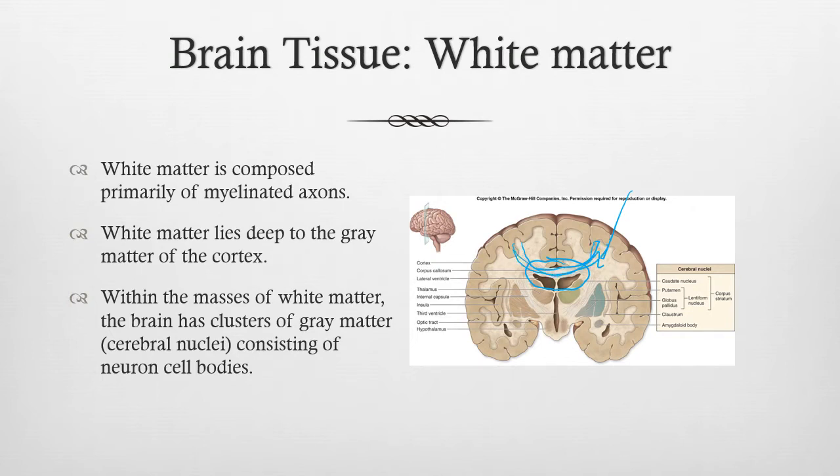And so we have a way to cross the two hemispheres themselves and get information to cross from one side to the other when needed there as well. Even within the white matter, though, we do have some areas of gray matter nuclei. So there are some areas that are going to be gray matter inside there as well. And so it's not all just white matter that we find within the white matter areas themselves.